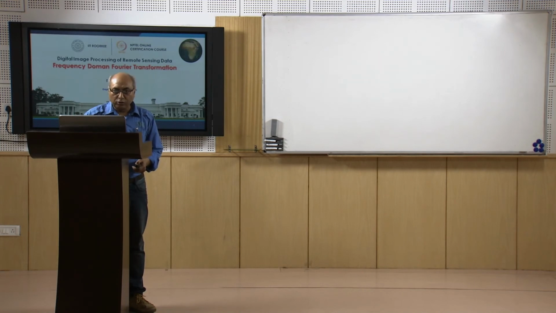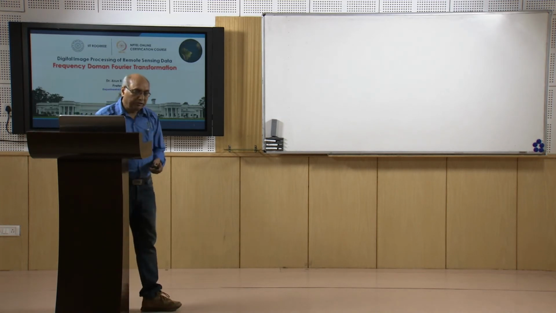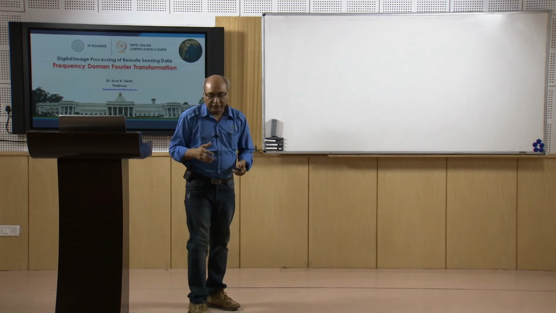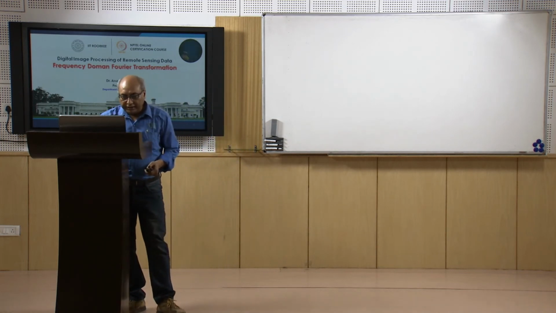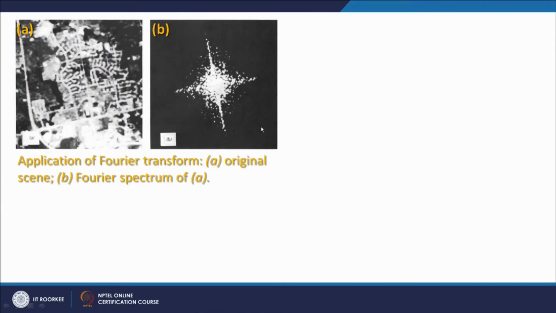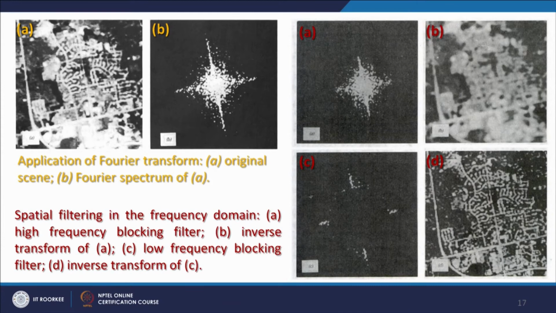Once we go for inverse transformation, these directional features will be de-emphasized. So the features which are here, if I remove them from the Fourier spectrum, then the resultant image will not show them, or they will be de-emphasized. The examples are given again: this is the original image, this is the Fourier spectrum. After filtering and then inverse transformation, this is the result.